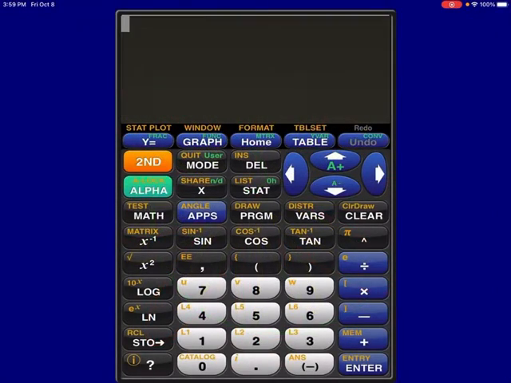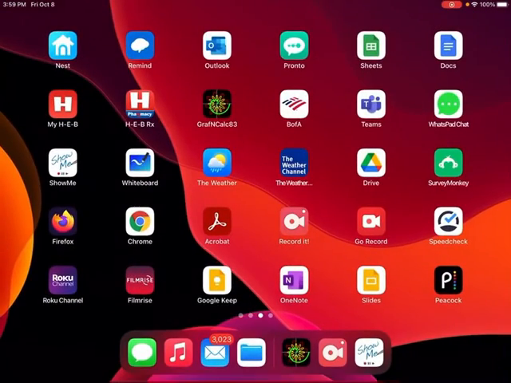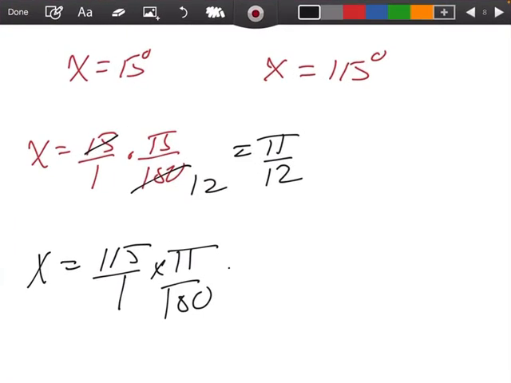Actually, you know what, I'll do it on my calculator real quick. So let me clear this out. So I got the angle divided by 180. This is just that calculator app, y'all. 23 over 36, nice and pretty. I like the app. So 23 pi over 36, okay?